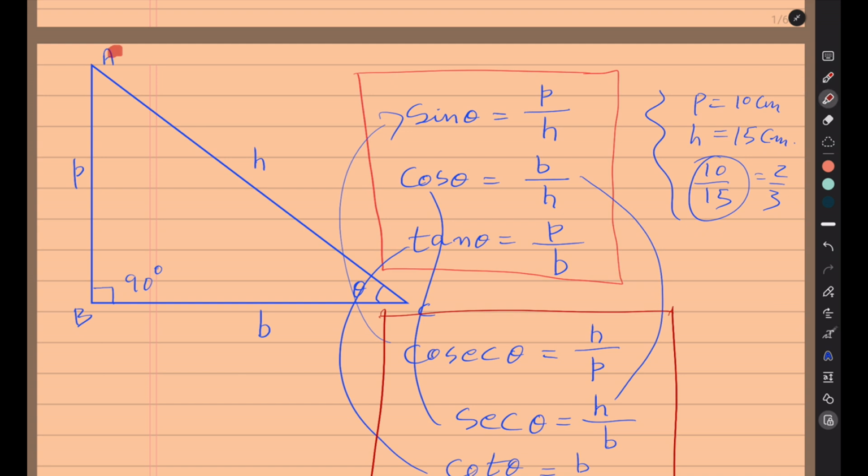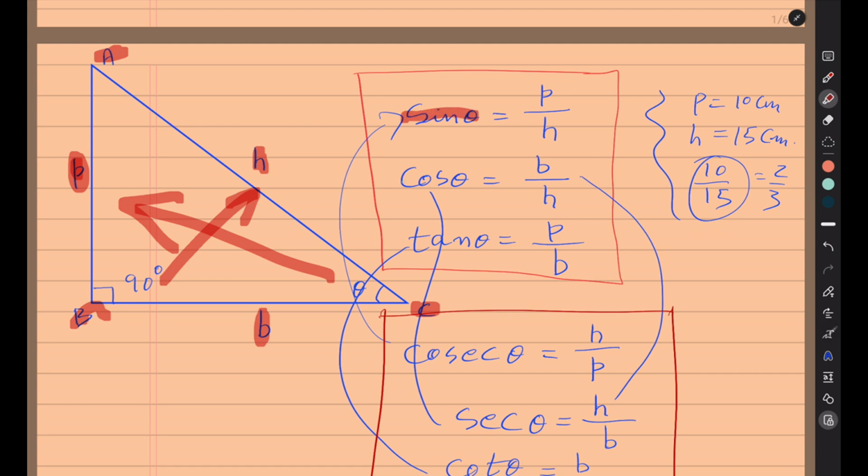First of all, we have defined triangle ABC, and the base is denoted as B, and then there is something called perpendicular, which is nothing but the side in front of angle theta, and then we have the side in front of the 90-degree angle, which is H. So when we have defined this angle, we have defined three trigonometrical ratios: sine theta, cos theta, and tan theta.